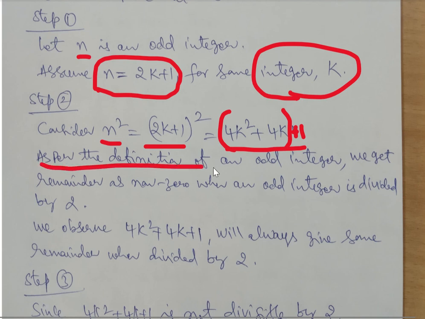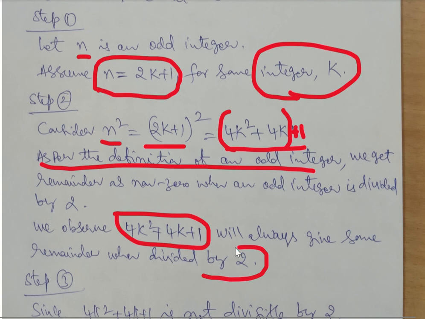As per the definition of an odd integer, we get a non-zero remainder when an odd integer is divided by 2. So 4k square plus 4k plus 1, because of this extra plus 1, will always give us a remainder when we divide by 2.